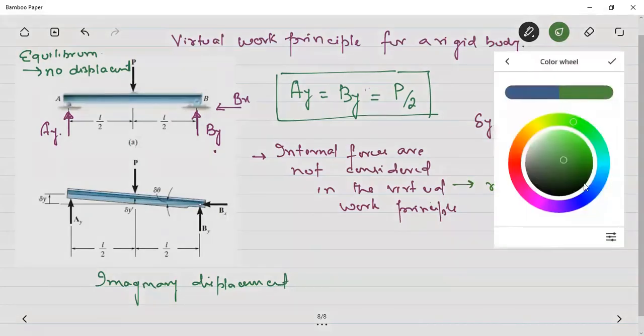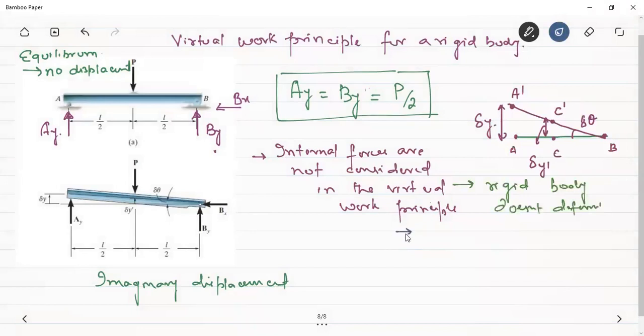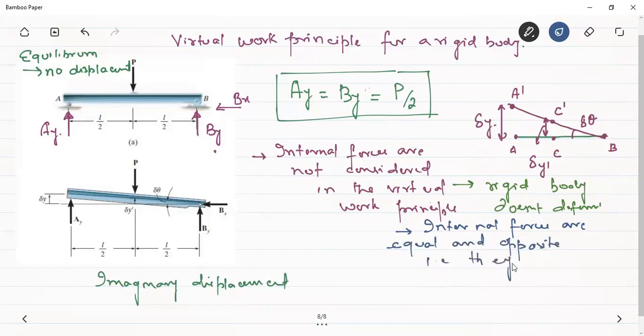And one more thing that can be seen here is that internal forces are equal and opposite, that is, they act in pairs, which means that the virtual works by these internal forces will get cancelled.